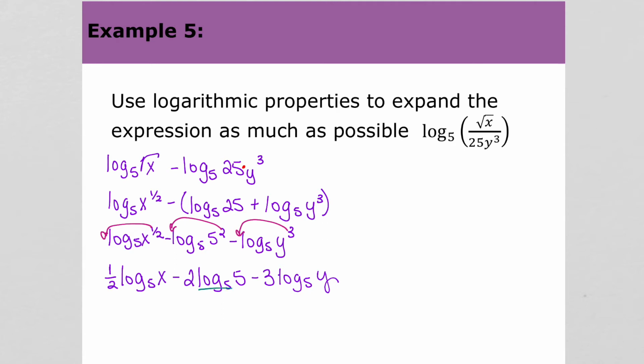Realize that log base 5 of 5, that's one of our properties that we know, would give us 1. Log base 5 of 5 is 1. So that means that 2 times 1 here is just 2. So we get rid of the log there altogether. And I would rewrite this to have the 2 at the end, but it's not wrong if you don't.